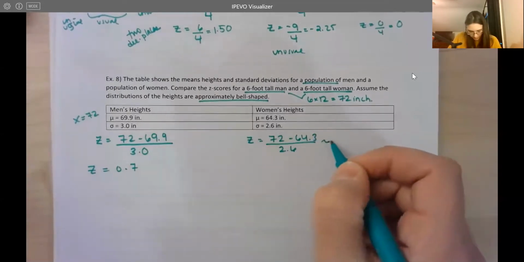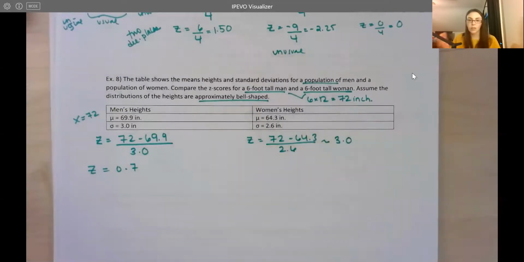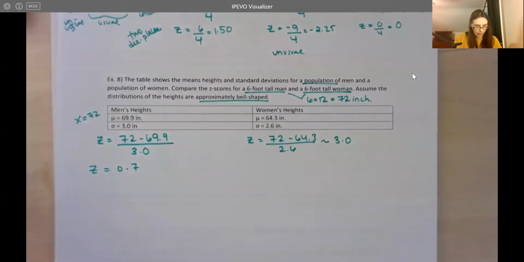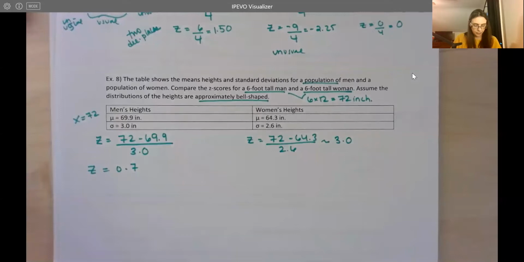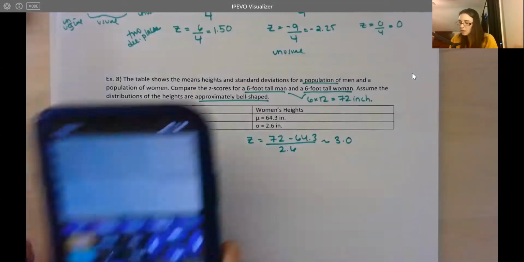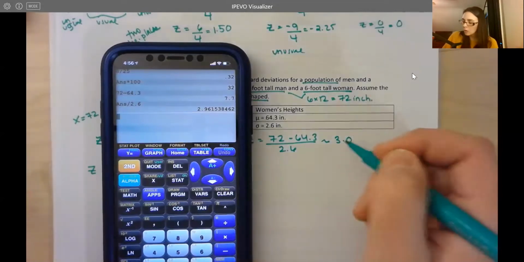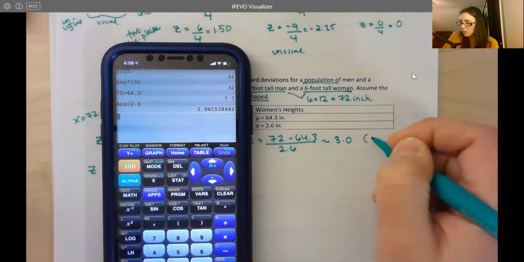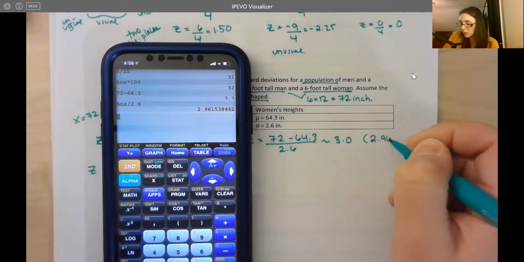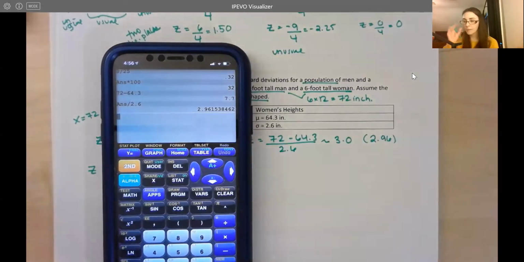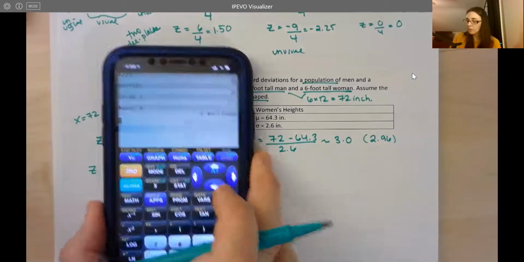And what I get here is about 3.0, so a little bit of rounding there. Let's see, I need to be more exact. So we do get 2.96 instead. So your book rounded to 3.0. We do usually use 2 decimal places for z-scores, so I would probably actually use 2.96 instead, but 3.0 is close enough.